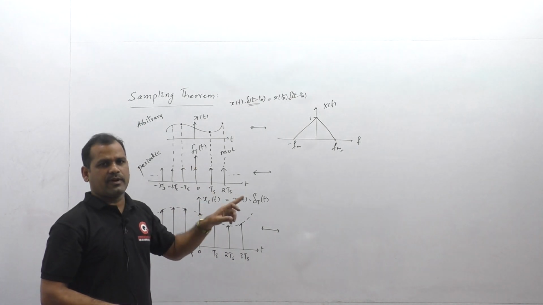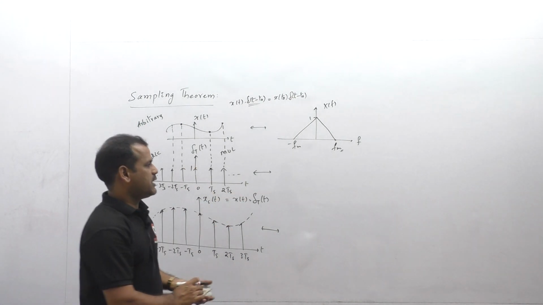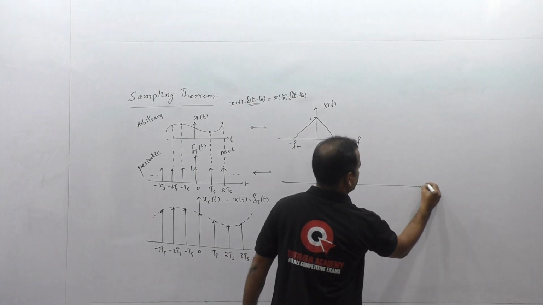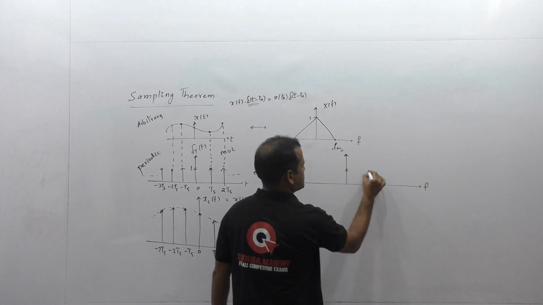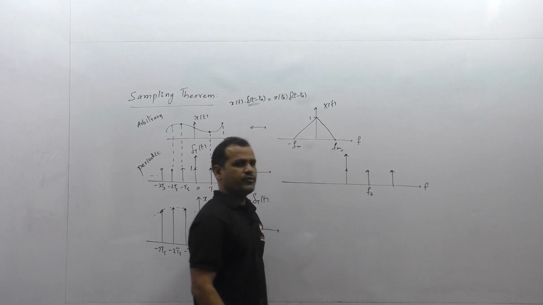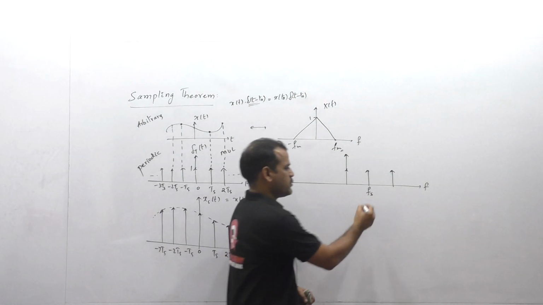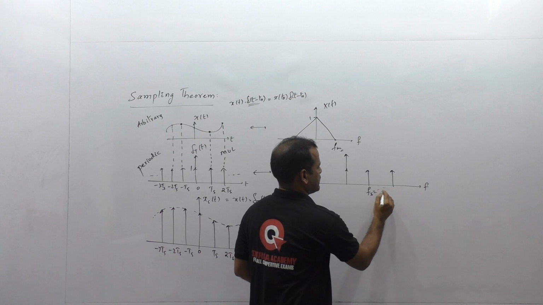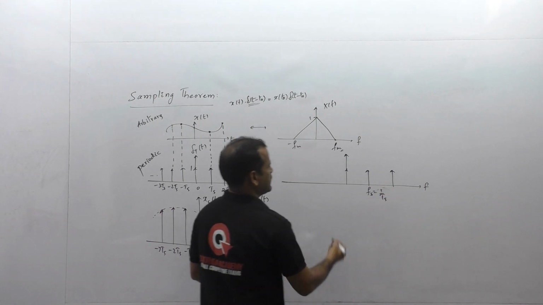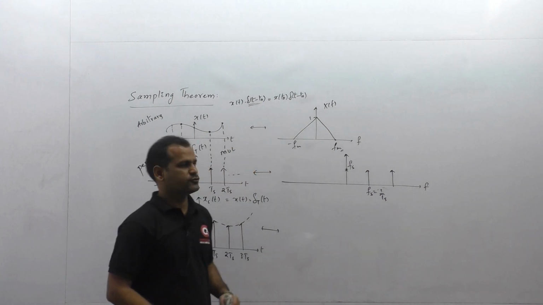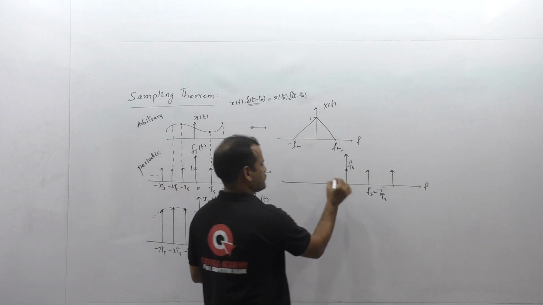Delta train Fourier transform also, we have discussed, and we got that the delta train in frequency domain has delta functions each spaced apart by fs, where fs is equal to 1 by Ts, and the amplitude of this function is also fs. So this is what we have derived in the Fourier transforms.